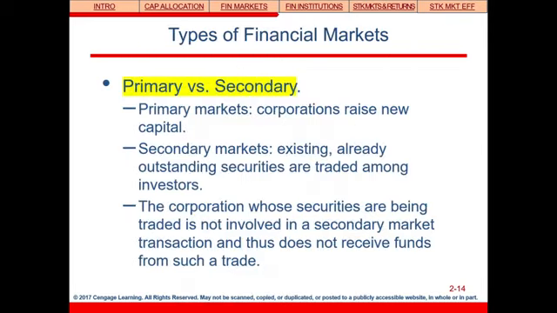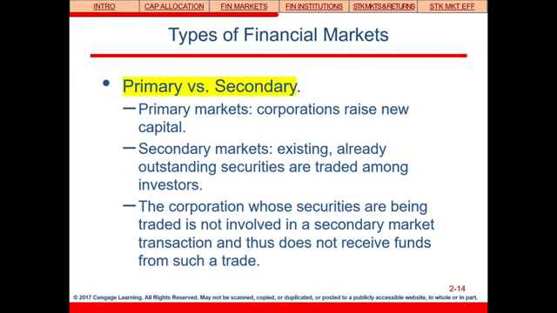Okay, after distinguishing between money market and capital market, the next part is distinguishing between the primary market and secondary market. This is also quite important. The primary markets are markets where corporations raise new capital, which means they issue new bonds or new shares to attract capital, to attract funding.